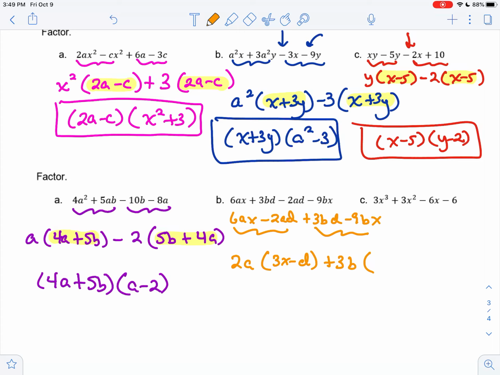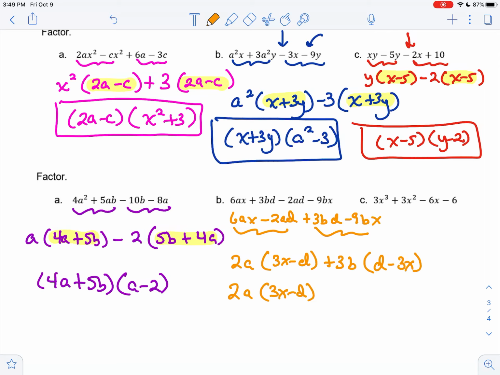And that's going to leave me with d minus, and then that would be 3x. Okay, so those are not exactly the same this time. And so what we might need to do is think about factoring out a negative instead of a positive.